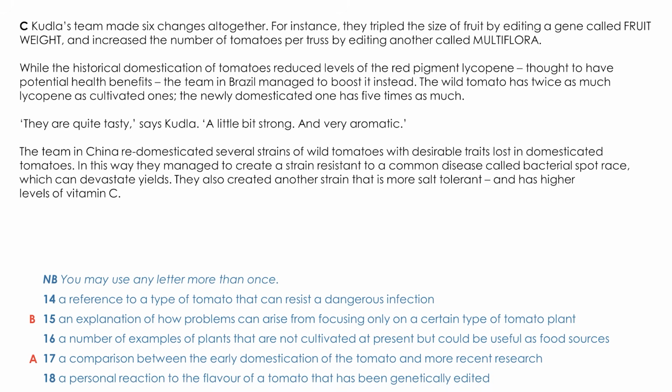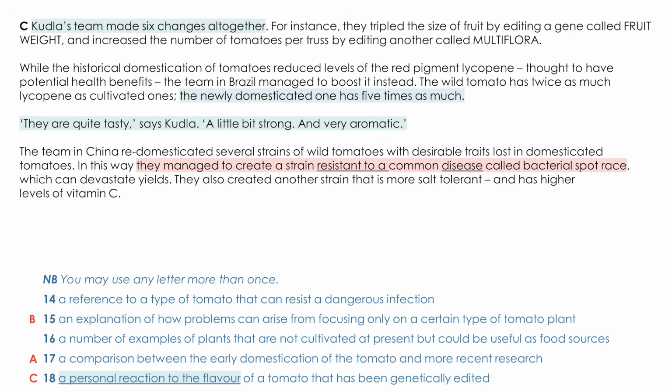Ready? The section discusses what changes were made in newly domesticated tomatoes. And then we read, they're quite tasty, a little bit strong, and very aromatic. The answer is 18C, a personal reaction to the flavor. Have you found anything else? How about this?